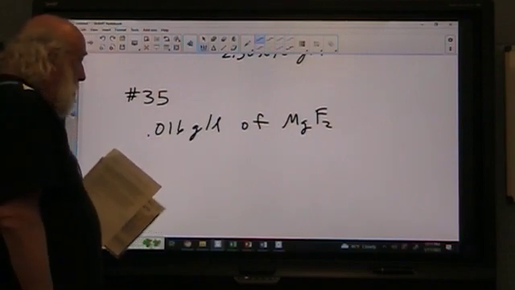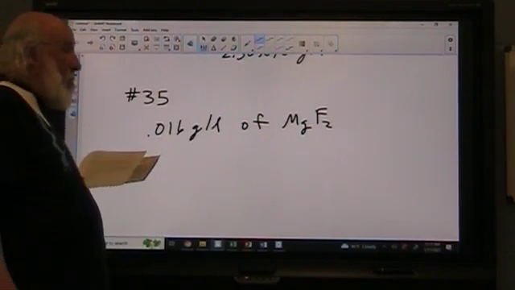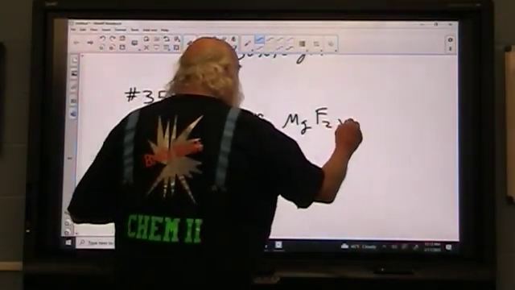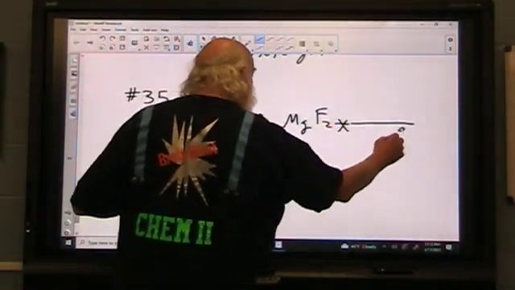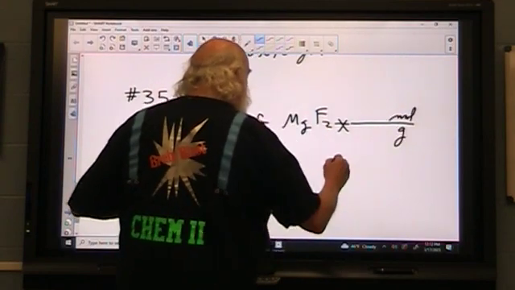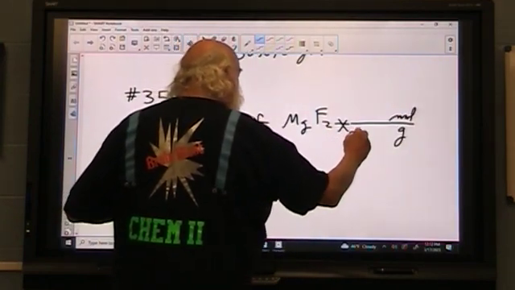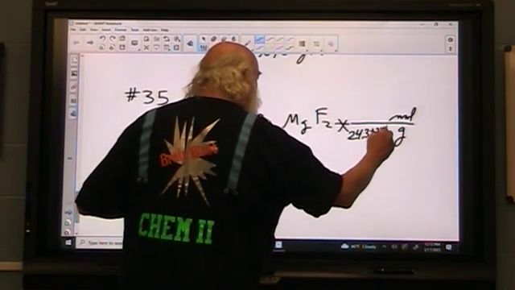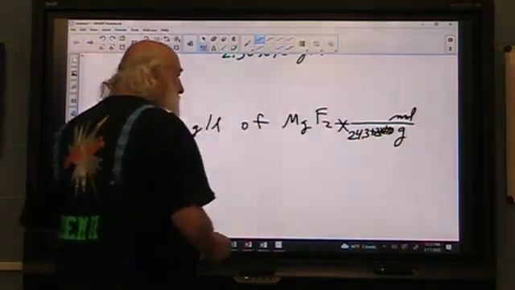And you can't work with that in a problem, so you're going to have to convert that right to moles. So you multiply that by, and put grams at the bottom, moles on top. And this is going to be 24.3 for the magnesium plus 2 times 19.0 for the fluorine.